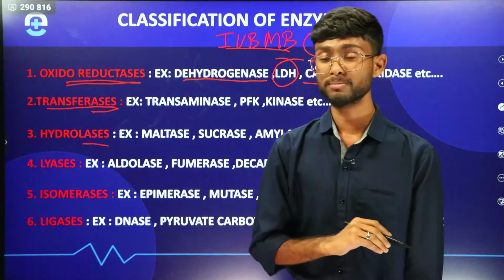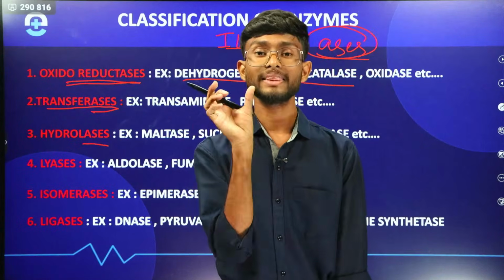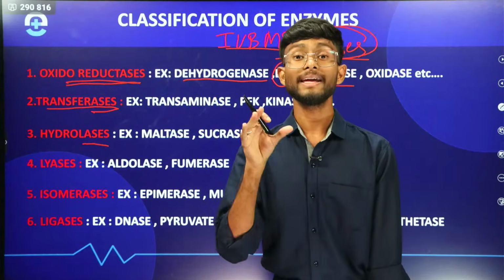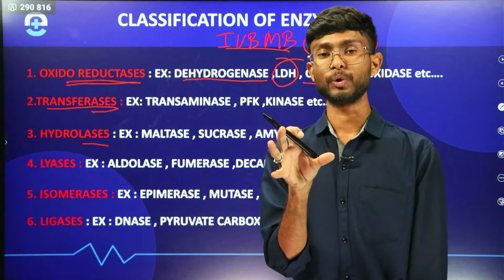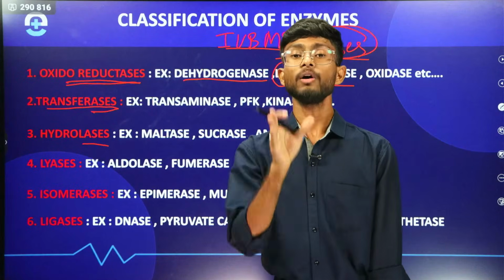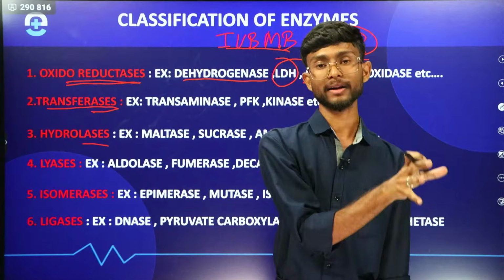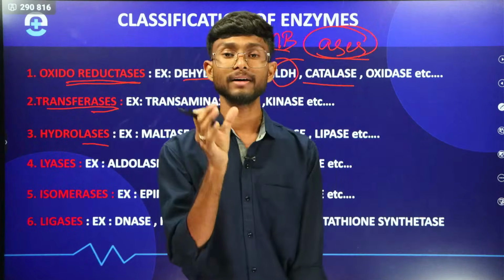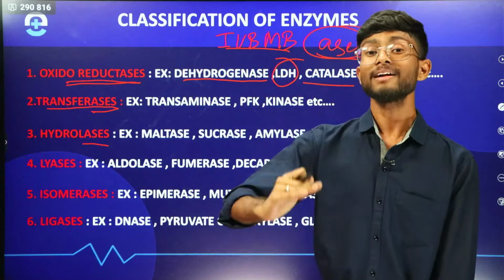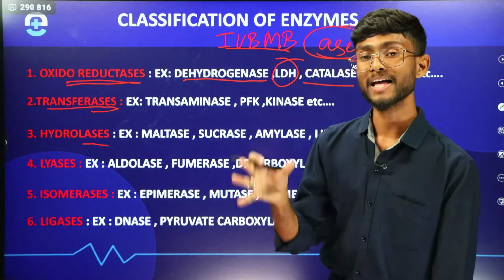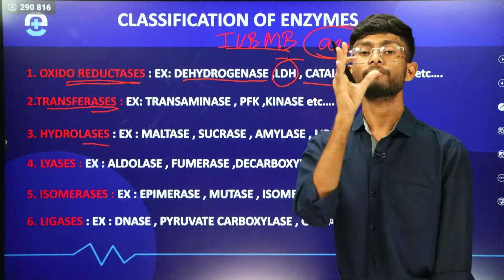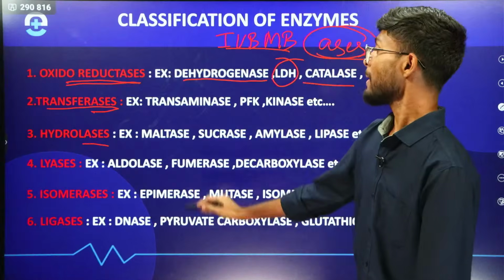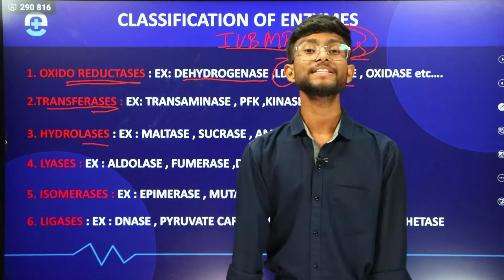Here also you can observe transfer. The name suggests transfer. What is transferred? The functional group from one molecule to another molecule, or one compound to another compound. The transfer of a functional group from one molecule to another is catalyzed by the enzyme called transferases.